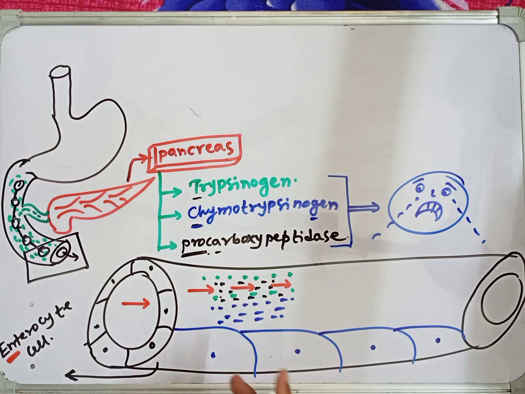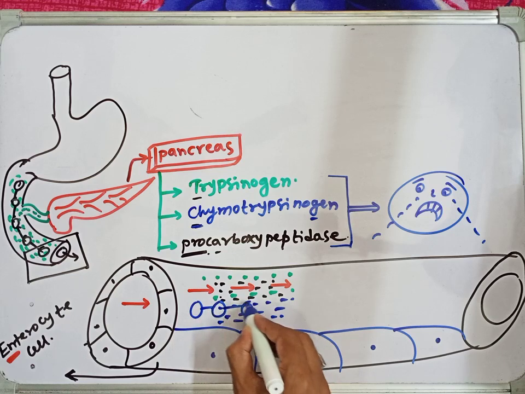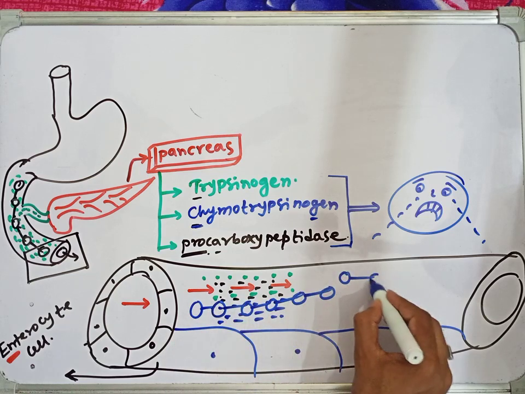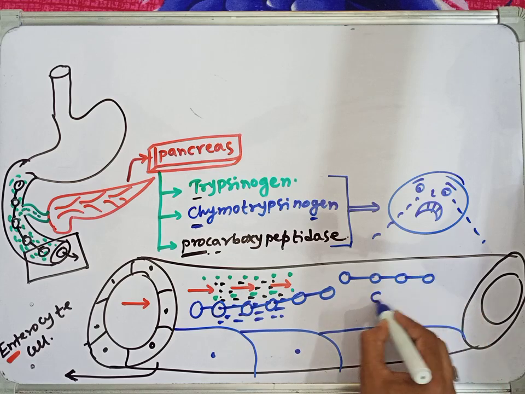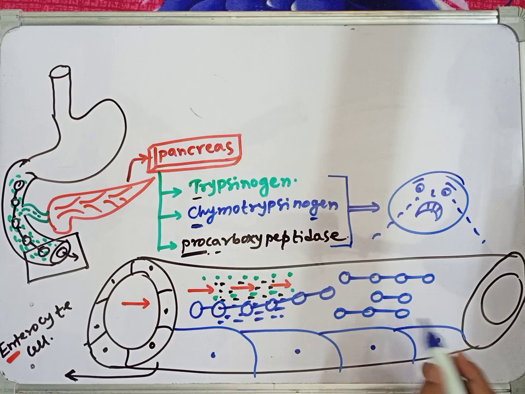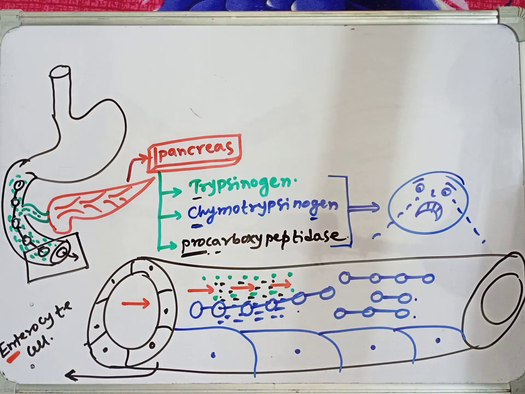As well as that, there is migration of partially digested protein. Now the protein is broken down into dipeptide, tripeptide, and small polypeptide as well, right?